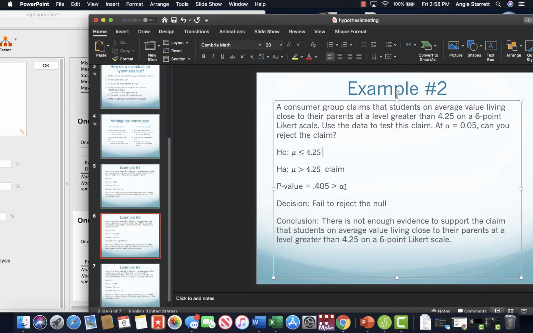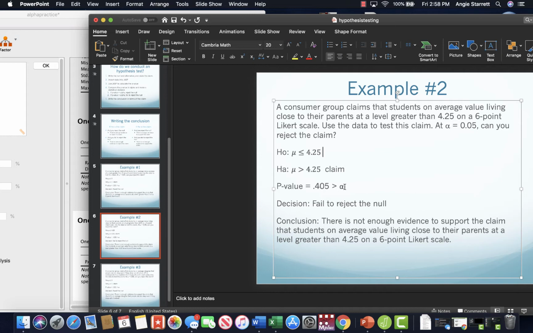If for some reason you have trouble comparing decimals, just change them to percents. We do that math in a little bit of a different place in the brain. For some students, it's easier to compare 40.5% to 5%, and then we know 40% is greater than 5%. The decision, of course, is to fail to reject the null.